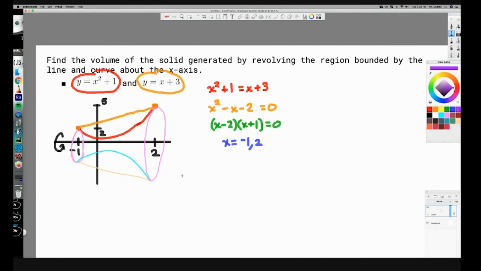So your volume is equal to pi, integrating from -1 to 2. The one that's the furthest radius away is the orange, and then you're subtracting off the red.